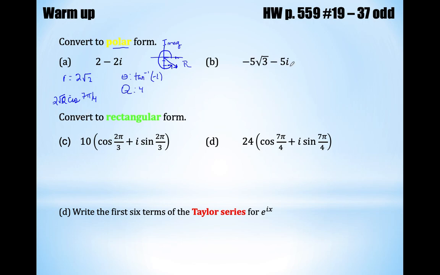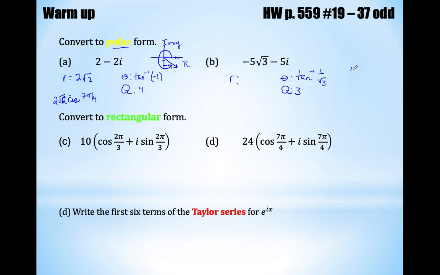Okay, you want to do the same with this. R, theta, and what quadrant I'm in. I hope you can see with the real part being negative and the imaginary part being negative, you are in quadrant 3. This is inverse tangent of 1 over root 3, right, which is a pi over 6 issue.